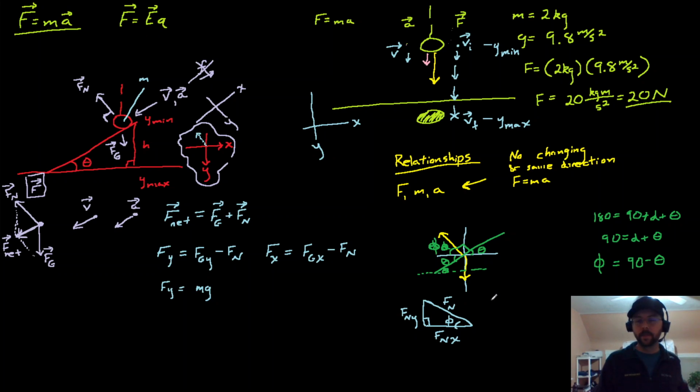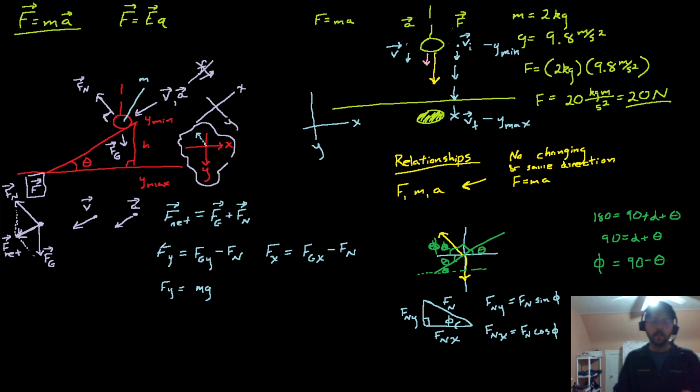So the force normal in the y direction equals force normal times sine of phi. And you could go through it and figure out that the force normal in the x direction equals the force normal, the magnitude, times cosine of phi.